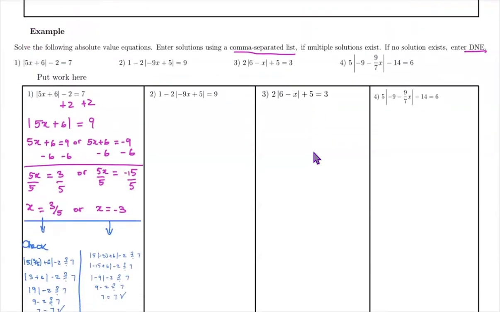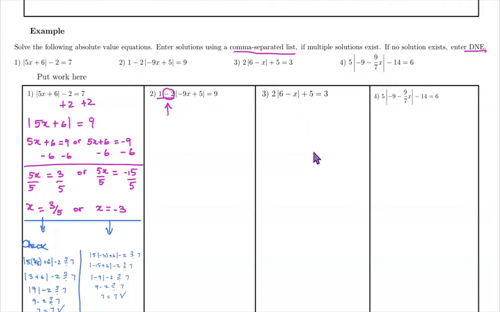Now let's see the next example. Make sure you cannot combine -2, 1 and -2 in this case, because -2 is a coefficient for the absolute value, it multiplies the absolute value. In order to cancel that -2, you should divide by it.